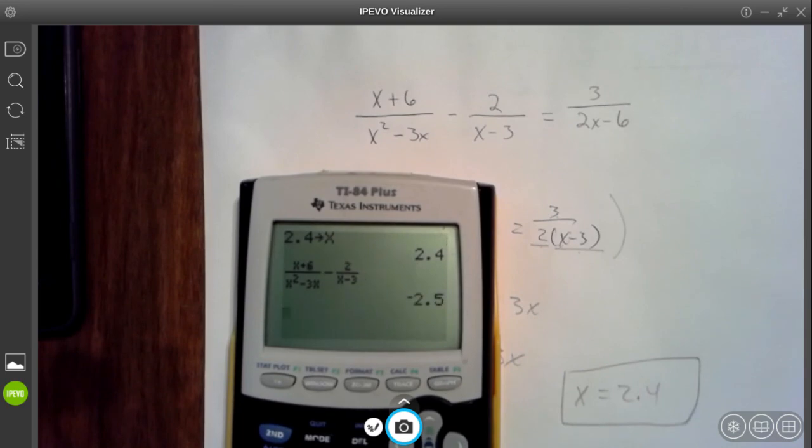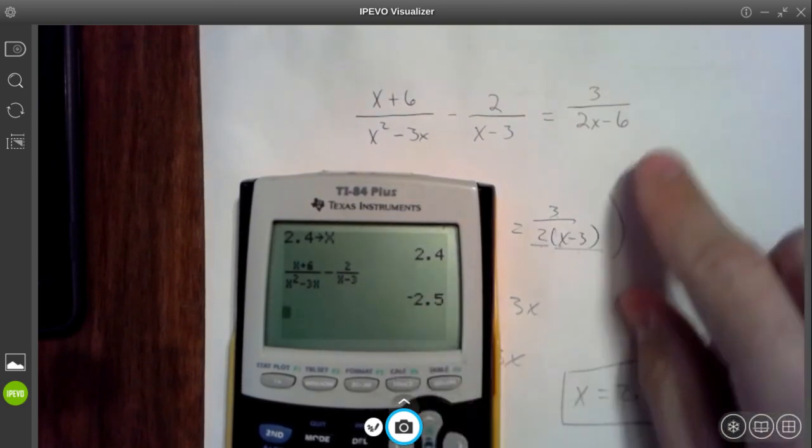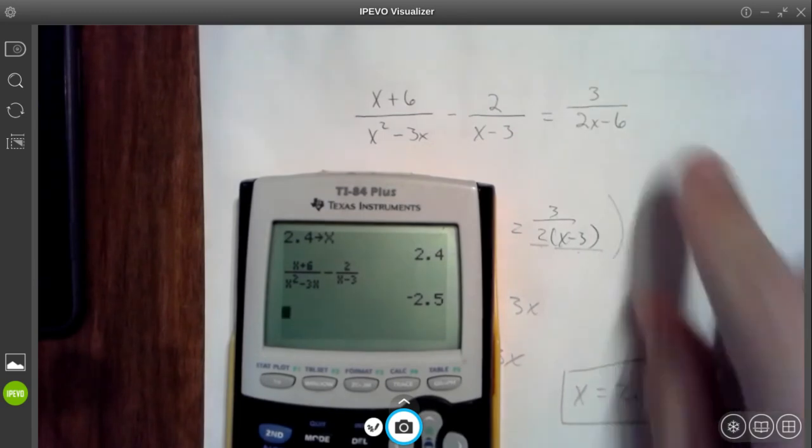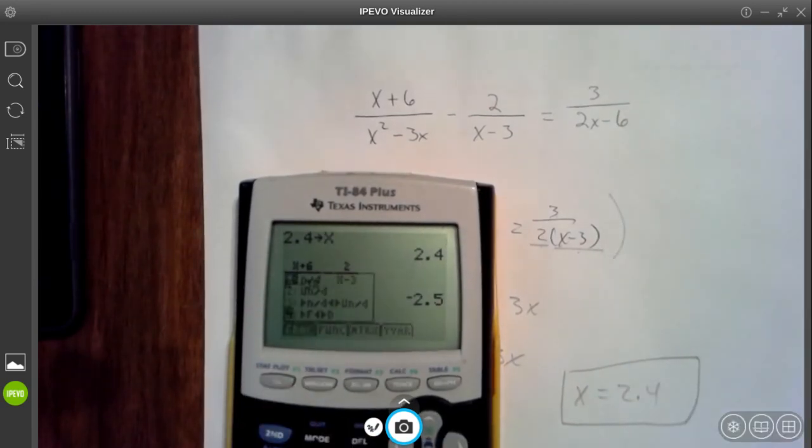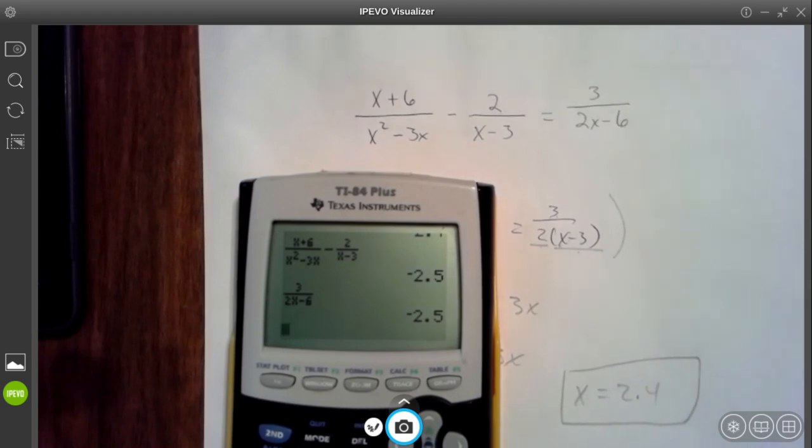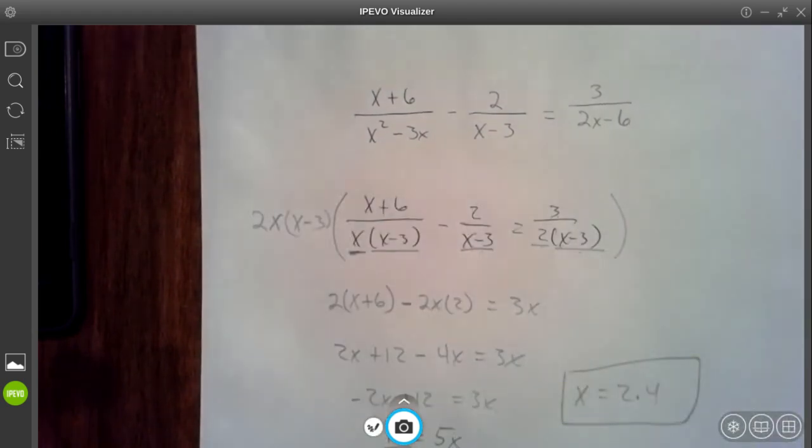This is what you get for the left-hand side. When we do the right-hand side, 3 over 2x minus 6, we should get the same thing. There it is, same answer. So 2.4 is our only solution for this rational equation.